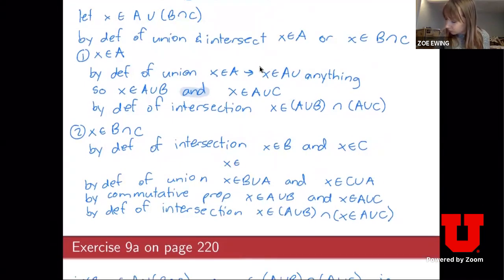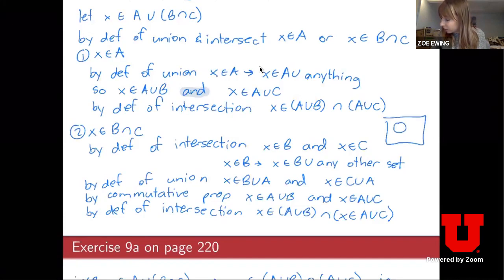I'm just going to move all of this down a little bit. So if X is in B, that implies that X can be in B union with any other set. Because if we had our Venn diagram here, let's say that this is A and this is B, so this is B union with A. And if X is in B, that means that it's going to be in B union with anything.